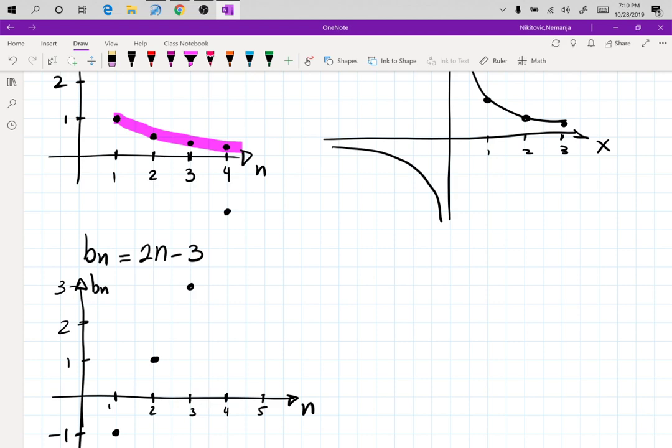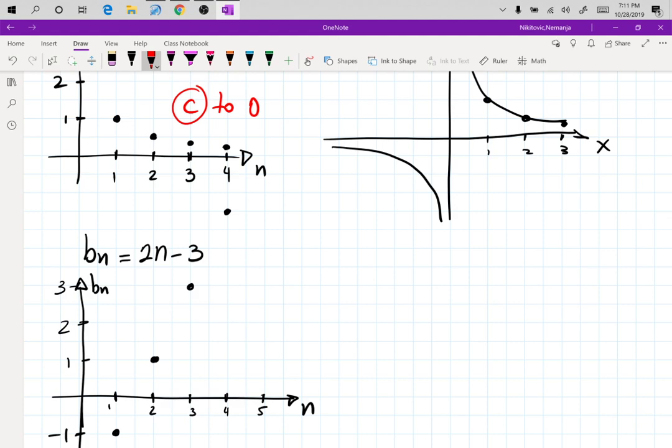Because these a_n values from our sequence tend to go smaller and smaller, but never reach or cross the n-axis, which is the a_n equals 0 level, we will say that something like this converges to 0.